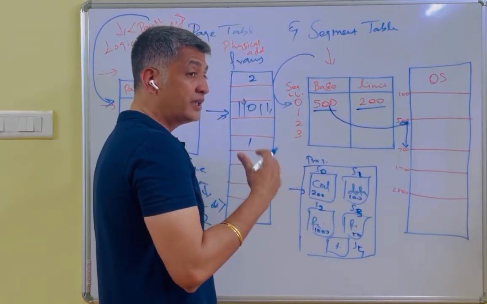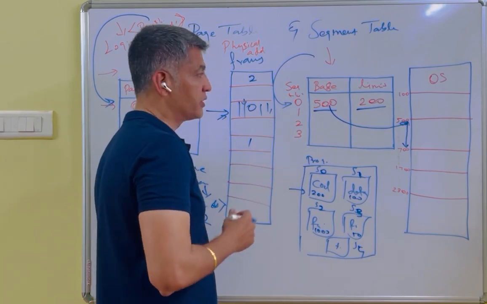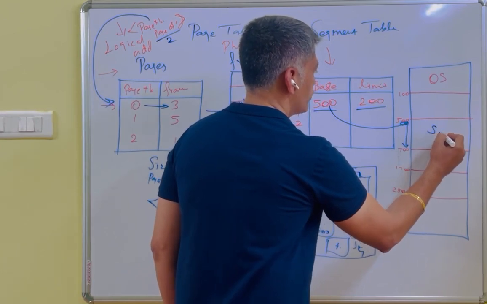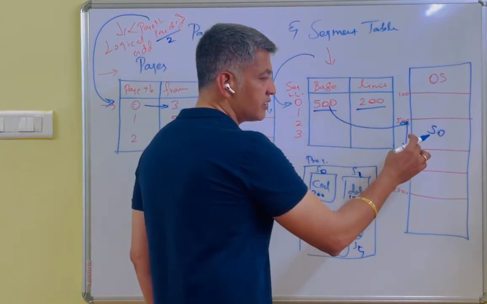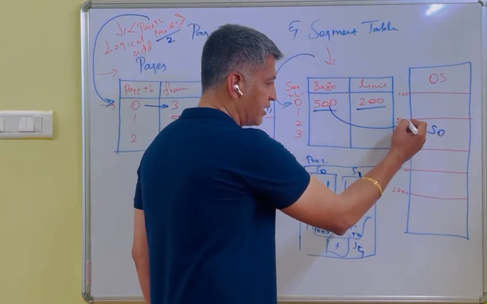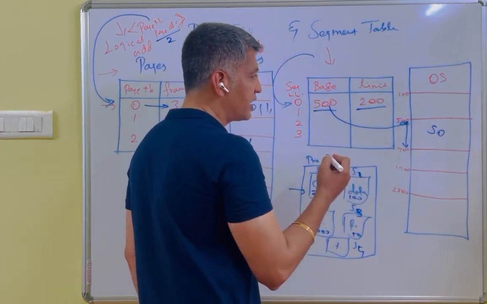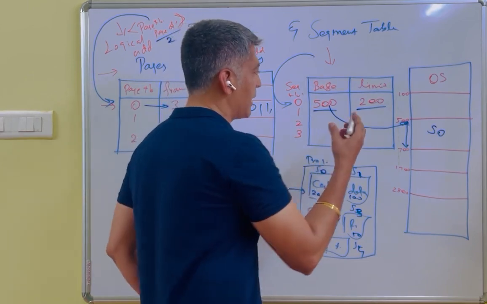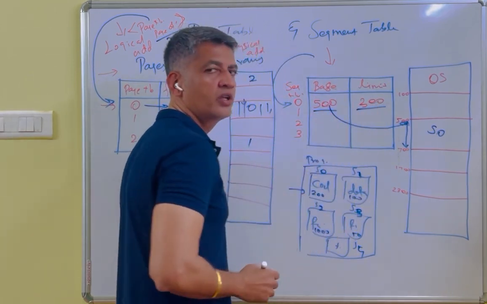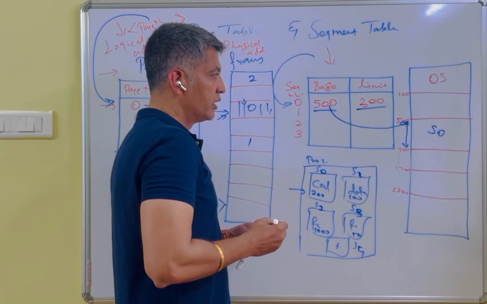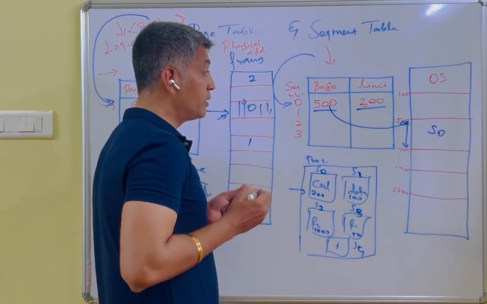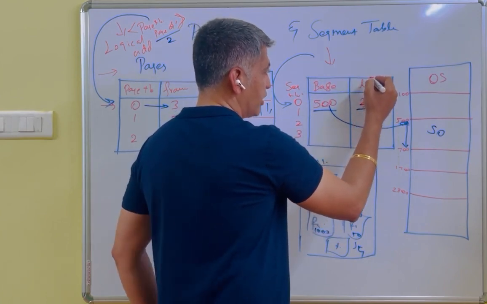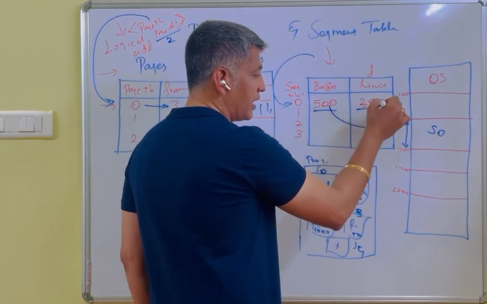Here, what error may happen? Sometimes an error may happen. This is segment number 0, where the starting address is 500 and the limit is 700. Sometimes the check goes for 300. Now this address will be verified. The segment number is right, and the offset, that is d, is 200.